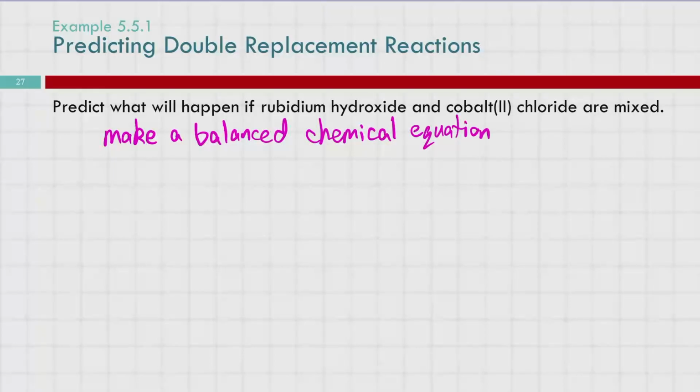So we'll spend some time on this. After a couple minutes maybe, I'll just give us the starting chemicals. After a couple more minutes maybe, I'll give us the whole skeletal equation, and then we'll go through and balance it together.